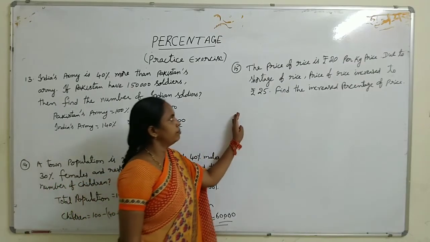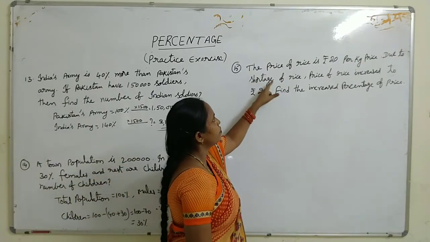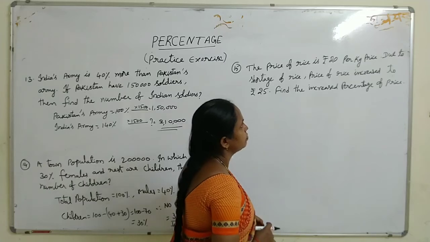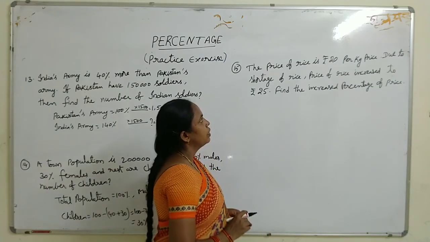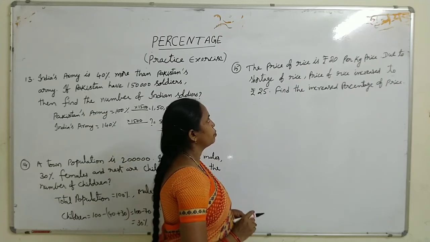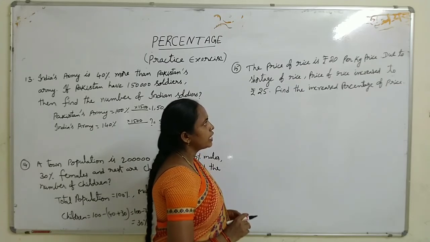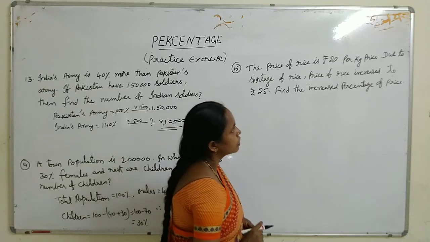Next, last question. The price of rice is 20 rupees per kg. Due to shortage of rice, the price of rice increased to 25 rupees. Find the increased percentage of rice.